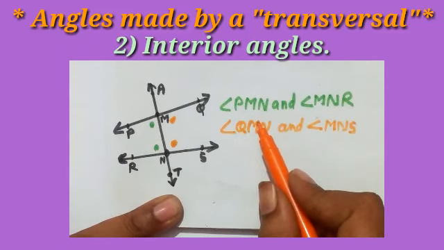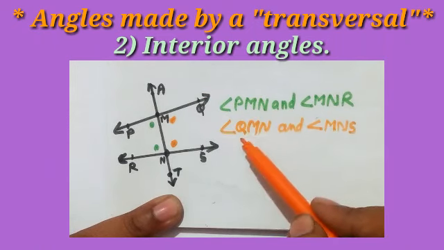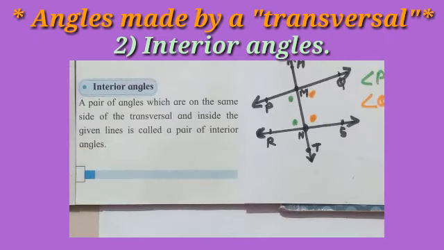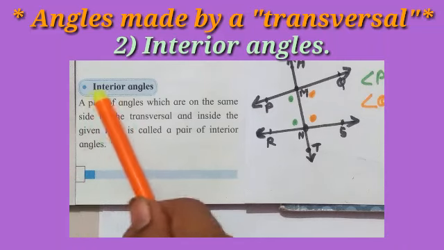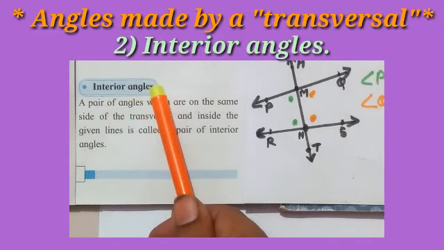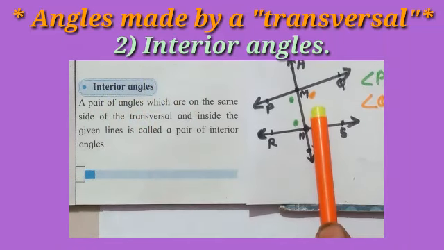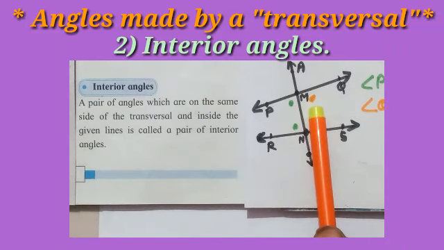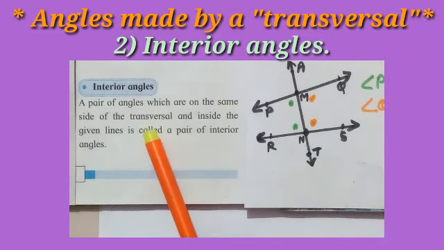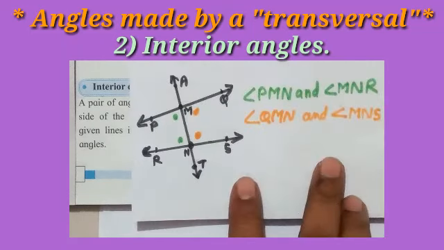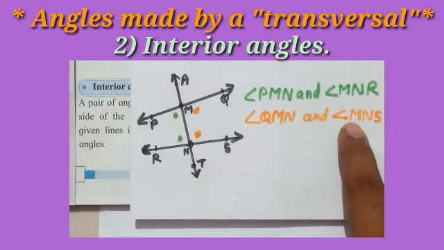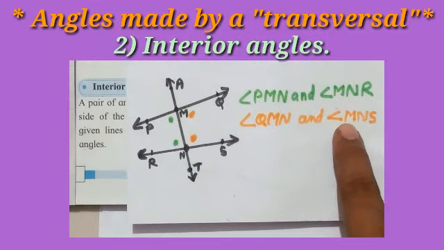So interior angles have two pairs of angles. That way we have to give the title, that is interior angles, then draw the figure with pencil and scale, then write the definition, and at last write the examples, that is the pairs of interior angles, in your classwork notebook.